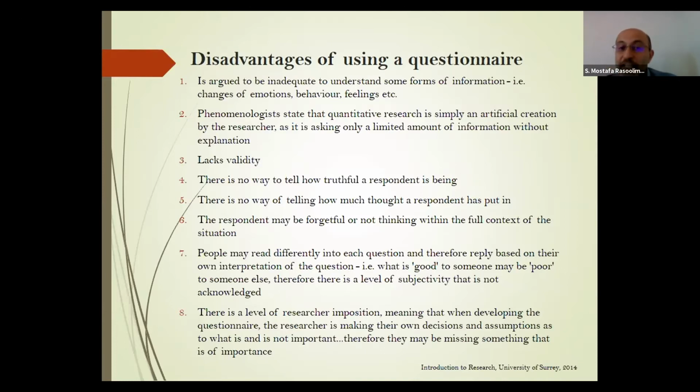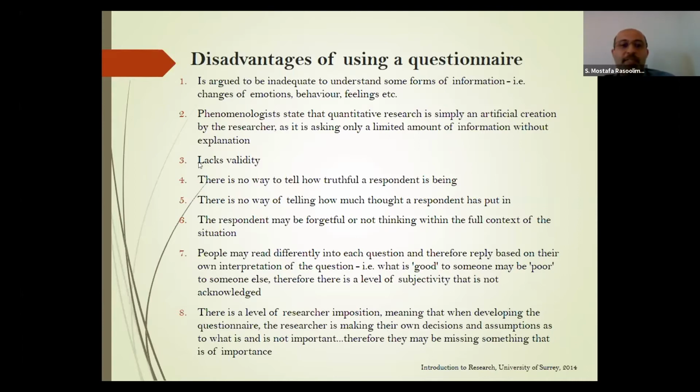So we can check trustfulness of our data, right? Trustworthiness of our data. So this is from other perspective. But it's good to review that somebody mentioned these disadvantages for questionnaire. And actually, we need to be very careful about this one.